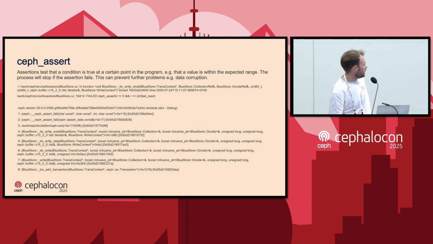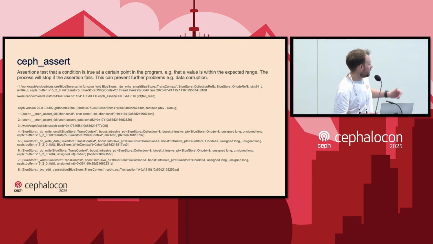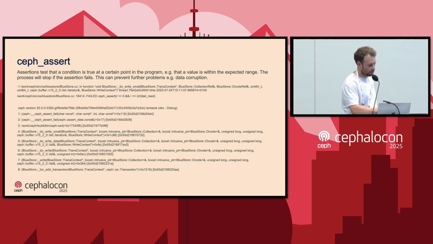When the OSD asserts, I get a stack trace, and this is printed in the log as well. I've only copied a bit of it into this slide because it goes on quite a bit, but we read that from the bottom up to the top, and that shows the function calls that were being run before the OSD crashed.